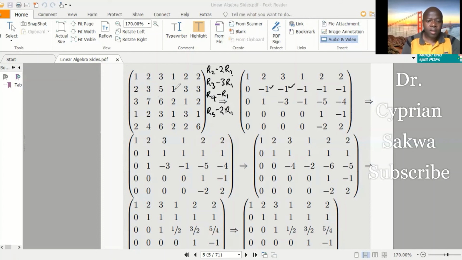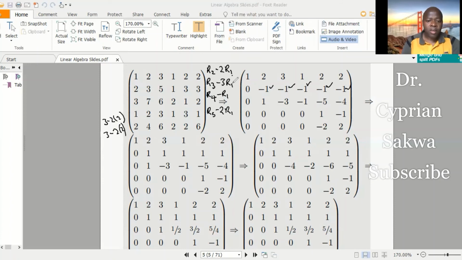And then 1 minus 2 multiplied by this gives me negative 1. Then we have 3 minus 2 multiplied by 2 gives me negative 1. Then finally 3 minus 2 multiplied by 2 gives me negative 1. So I'm done with this row.